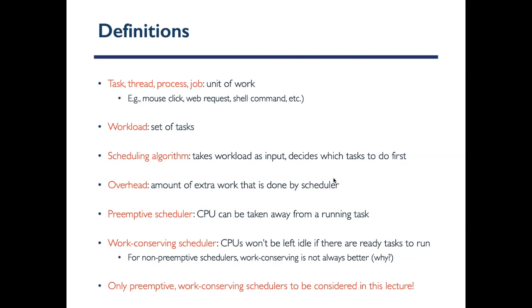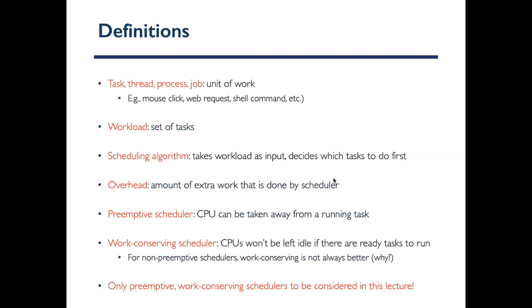You have work-conserving schedulers. These are the schedulers that would assign an idle CPU to a task if there are tasks. So if the CPU is idle and you have a work-conserving scheduler, these two facts mean that there are no tasks in the ready queue.